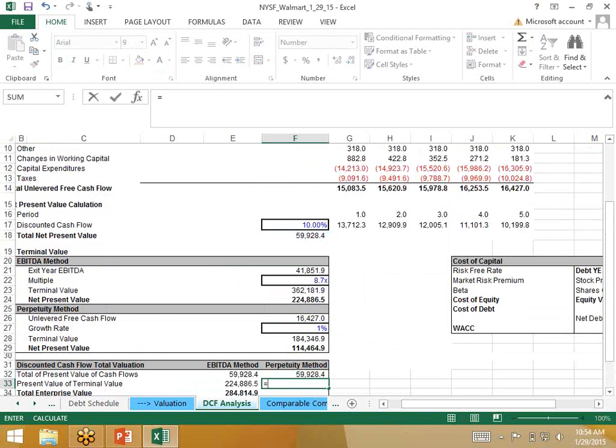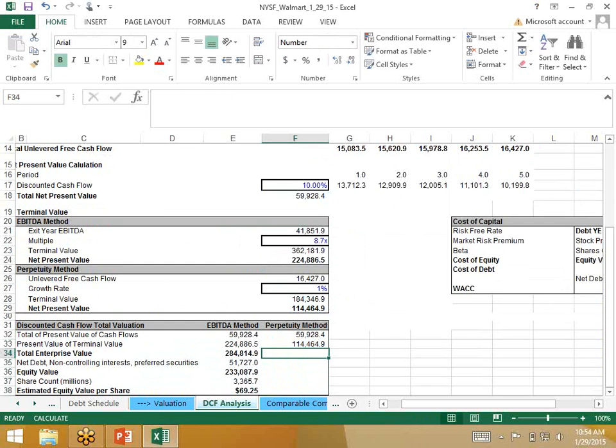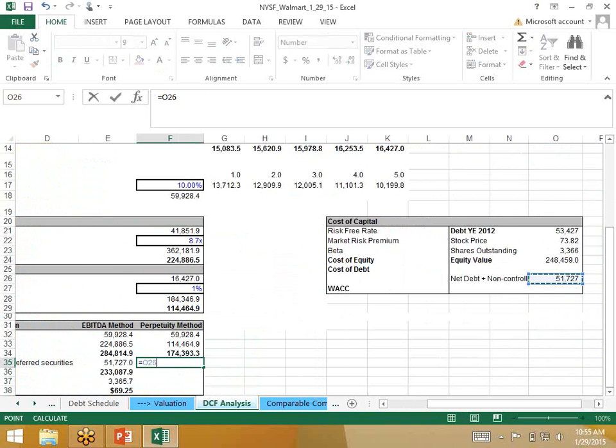We're going to take the present value of the terminal value, which is much, much lower, but again, we have to adjust. This will change when we make a more accurate WACC, and we'll talk about that. We'll add the two, so $174 billion. We'll take the net debt that we calculated here on the right. We could have also taken it from the left.